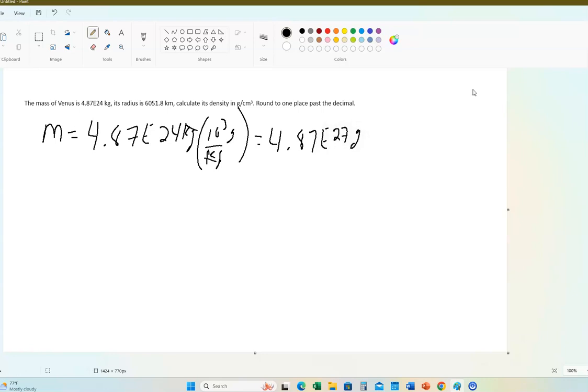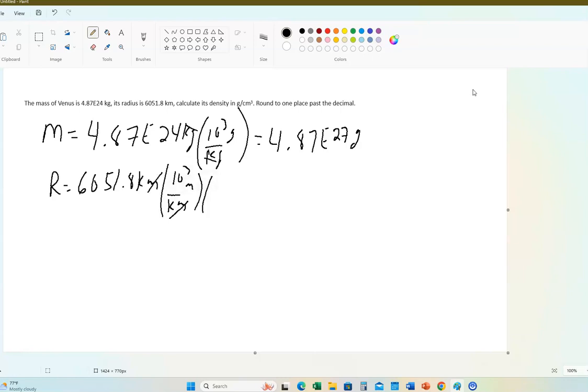All right, and then the radius is given to us again in kilometers. Oops, sorry, I think I said kilograms a moment ago. So 6051.8. It's going to be times 10 to the fifth. All right, so let's just prove that. Kilometers, 10 to the third is 1 meter.